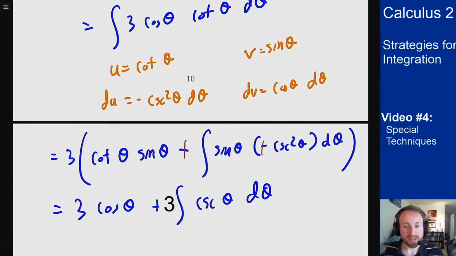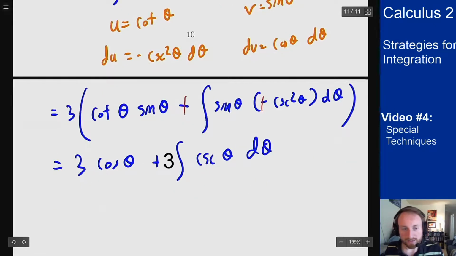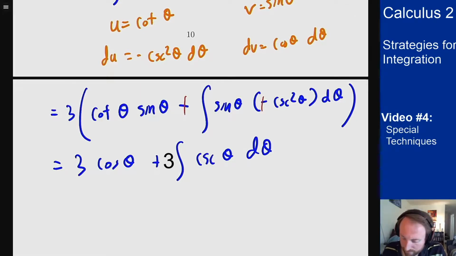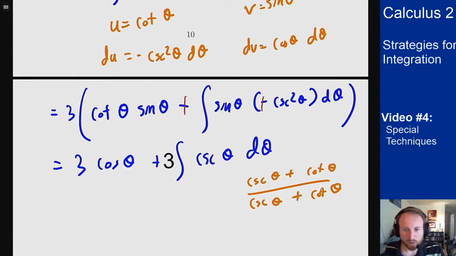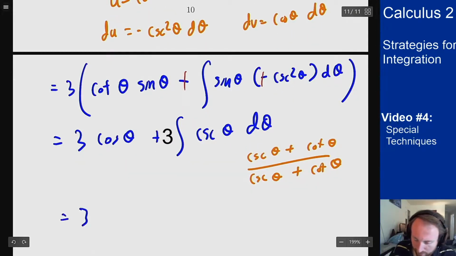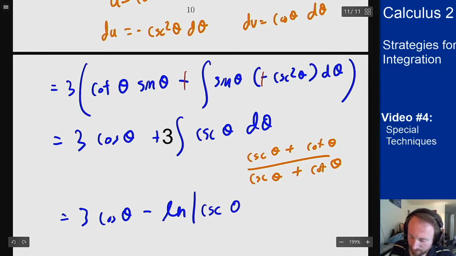But that has a formula that looks exactly like the one we have for secant. So the trick here is if you multiply this by cosecant theta plus cotangent theta over cosecant theta plus cotangent theta, it becomes a negative 1 over u du, in the same way the secant one works when you multiply by secant plus tangent over secant plus tangent. So I will get a 3 cosine theta minus a log of cosecant theta plus cotangent theta plus C.